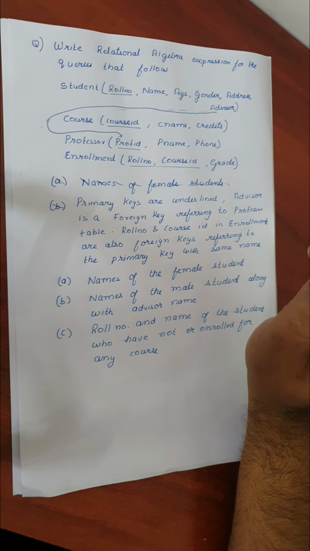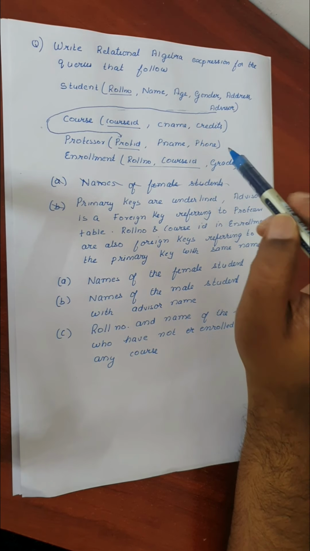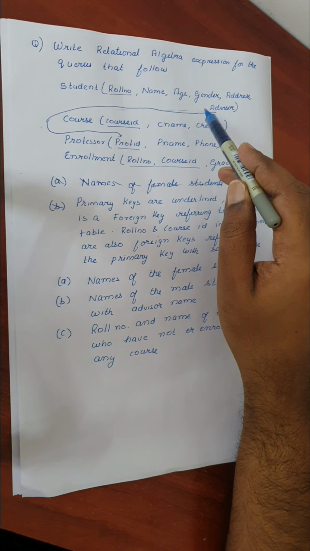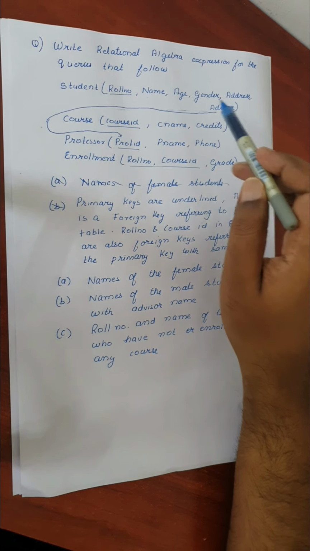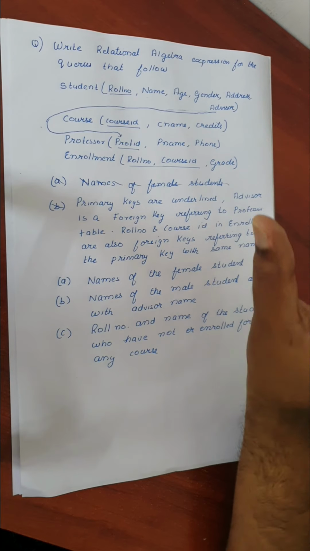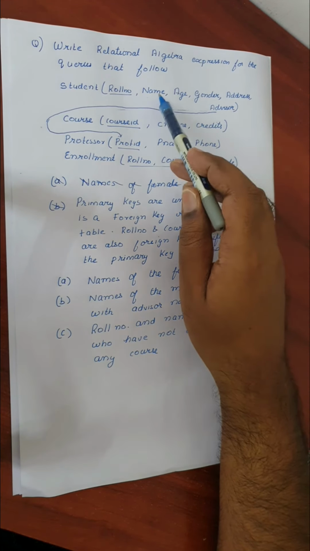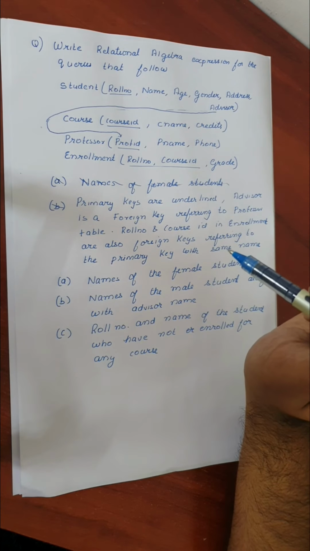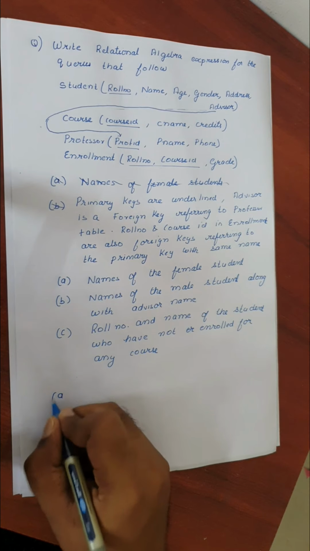So first we will select the tuples with the gender female. That is our first task. From those rows we can project the names of the students. So we will write the first query.